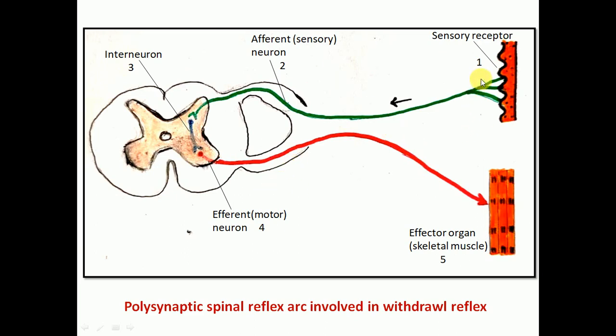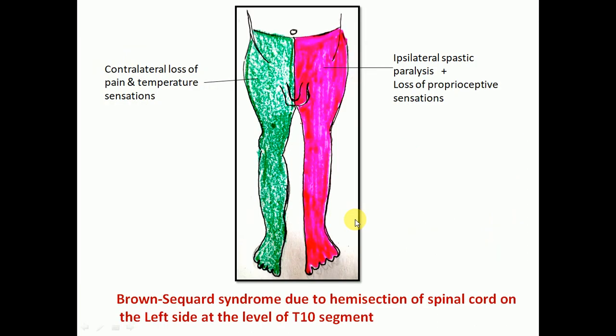The first component is the sensory receptor, then the afferent neuron, then the interconnected neuron, the interneuron, then the efferent or motor neuron, and finally the effector organ, skeletal muscle. So this diagram shows an example of a polysynaptic spinal reflex arc. Examples are the withdrawal reflexes, or you can say Golgi tendon reflexes.